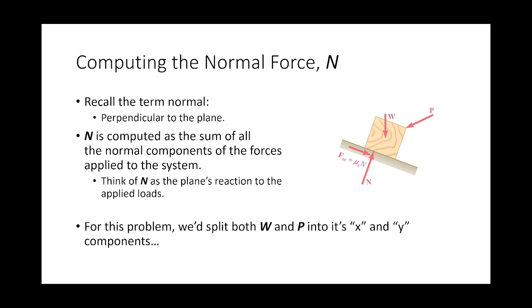If I have two objects in contact, the normal force is the sum of all the normal components between those two objects. Now, what we didn't have to deal with last time was the object being at an incline, but very possibly that is a realistic situation that we have to deal with in the world of statics.